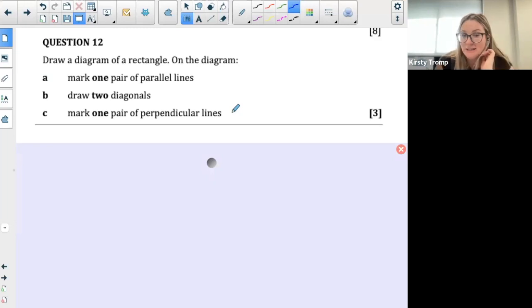So go grab a ruler and a pencil. It's for 3 marks. We're going to give you 2 minutes to try that.